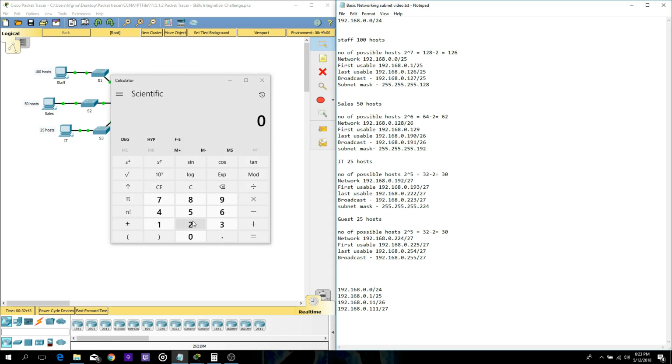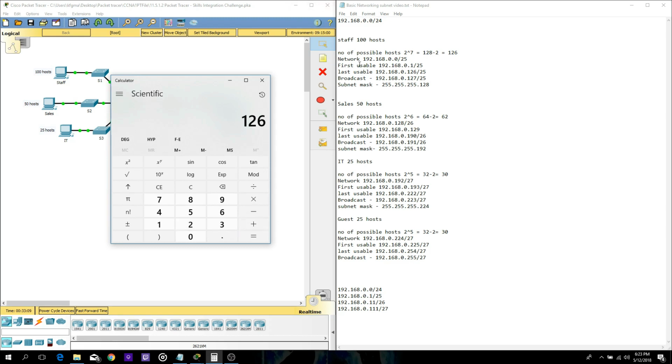Here I use 2 to the 7th, because 2 to the 7th gives us 128, minus 2 gives us 126, and that is enough for the 100 hosts. If we do 2 to the 6th, it's 64 and it's not enough. So 2 to the 7th minus 2 is enough.